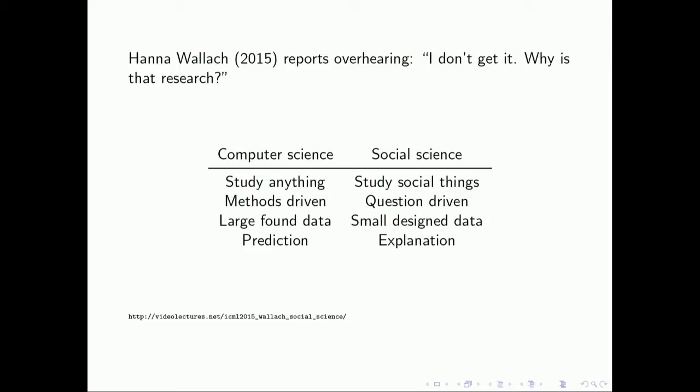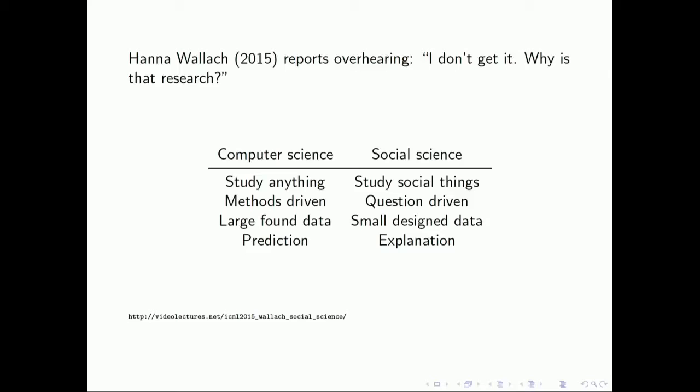And she says computer scientists generally study anything. So some computer scientists maybe do biology and social science and neuroscience and just do whatever. Methods driven, so the question is maybe less important than the method. Often using found data and often focused on prediction, not explanation.